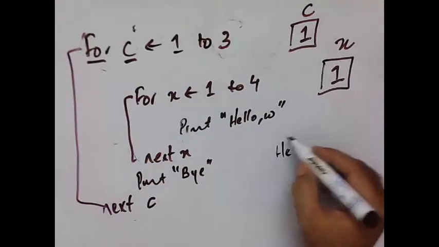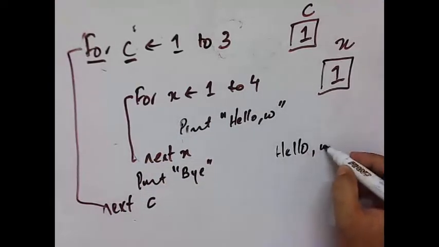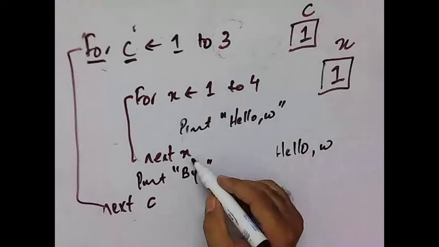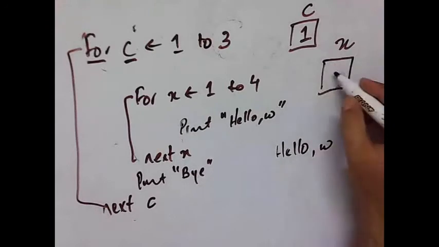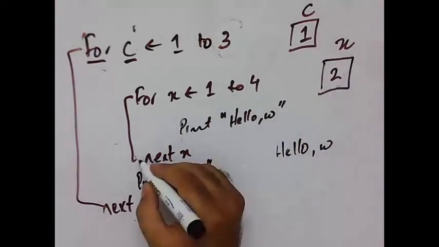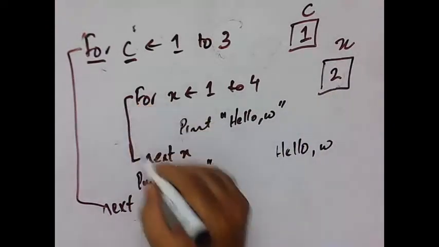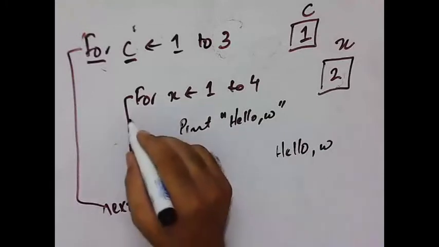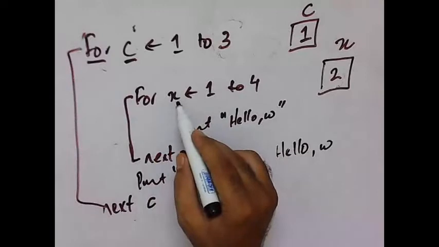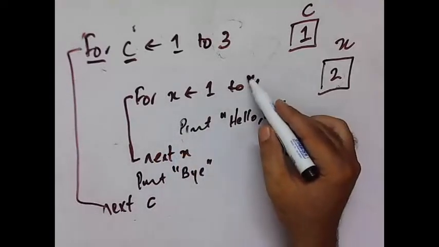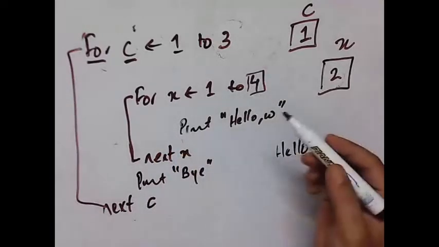Now this is, let's say, the output, hello w, and when it reaches this line, it tells the computer to increase the value x by 1. So this becomes 1 plus 1, 2, and it also tells the computer to take the control of the program back to the starting of the loop over here and check whether it has exceeded the final value, just like we did in the previous loop.